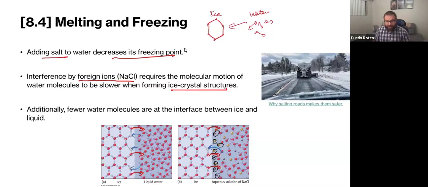So in addition to running that interference on the interface, remember that if we think about a thermometer, up here is 100 degrees Celsius where water boils, down here is 0 degrees Celsius where water freezes.